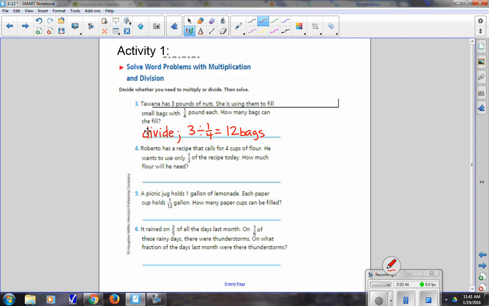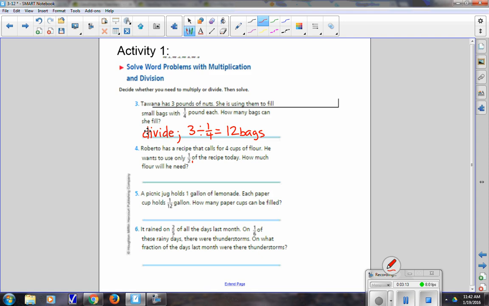Roberto has a recipe that calls for 4 cups of flour. He wants to use only half of the recipe today. How much of the flour will he need? Roberto has a recipe that calls for 4 cups of flour. He wants to only use half of the recipe.